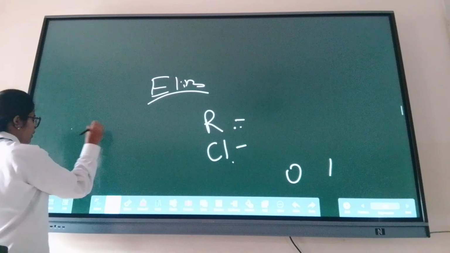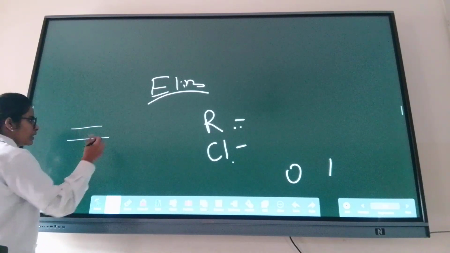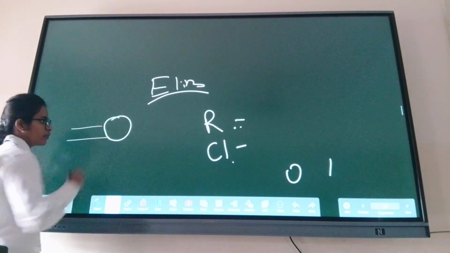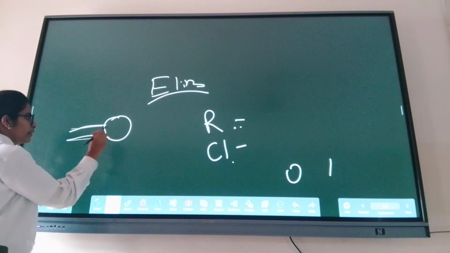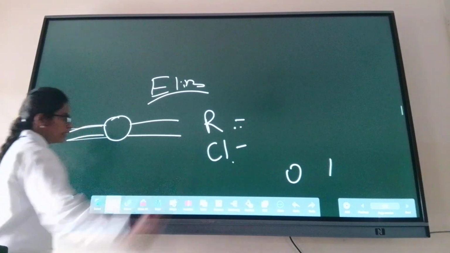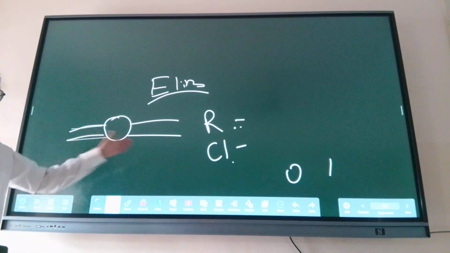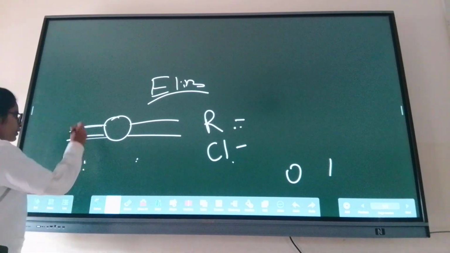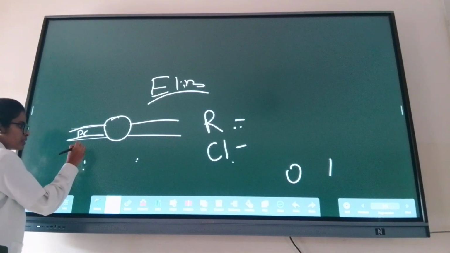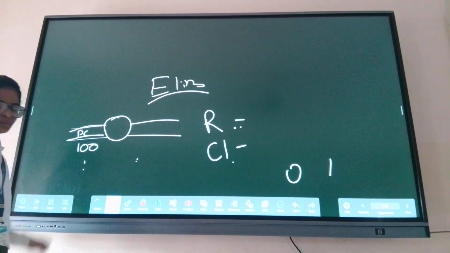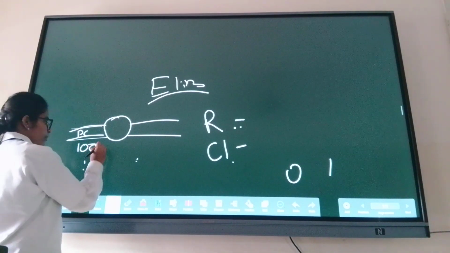Okay. Suppose this is the efferent arteriole, this is the nephron and kidney, all that DCT, PCT or collecting duct. This is the afferent arteriole, efferent arteriole. Okay. Here the plasma concentration of the drug is 100 mg.